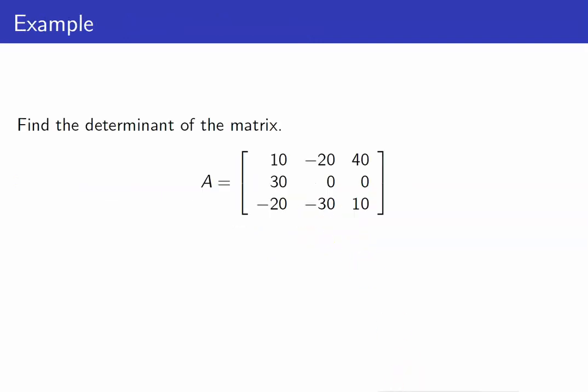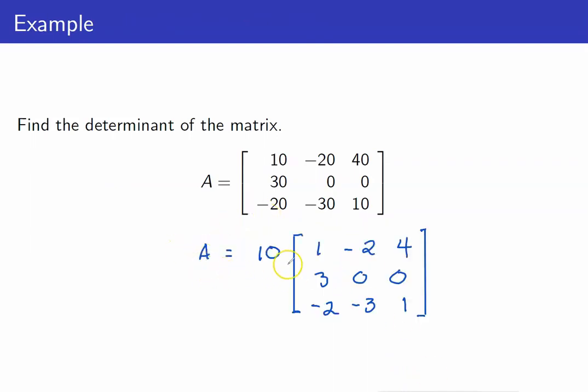Let us evaluate the determinant of this matrix, A. Take note that A is equal to 10 times this matrix over here. So therefore, the determinant of A is equal to 10 raised to 3 times the determinant of this matrix. And how do we get the determinant of this matrix? I will get the cofactor expansion along the second row because this row has exactly 1, 0.